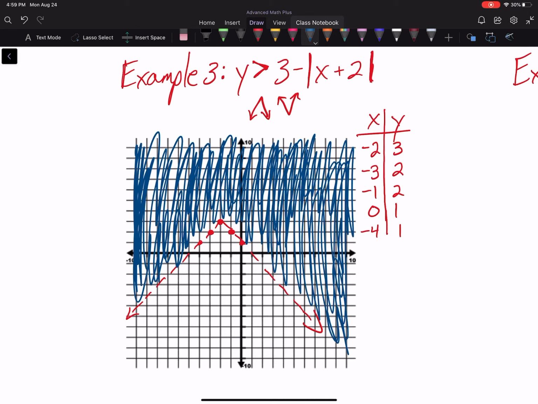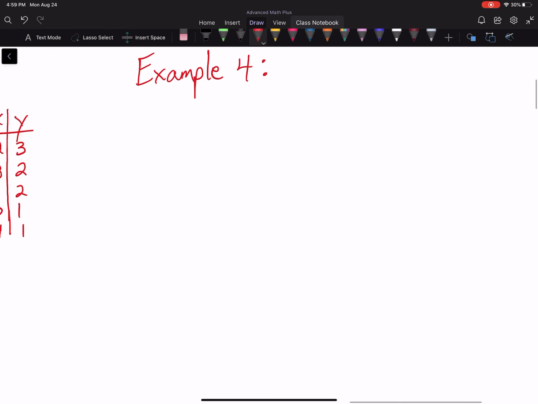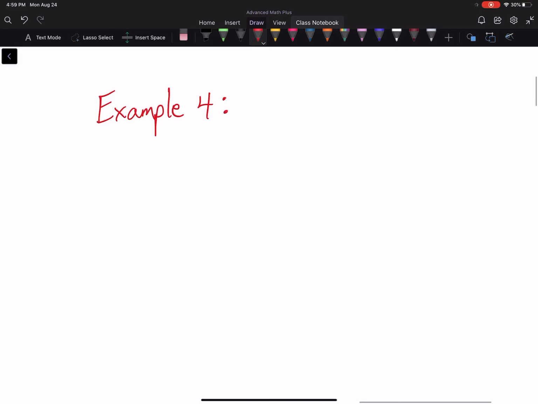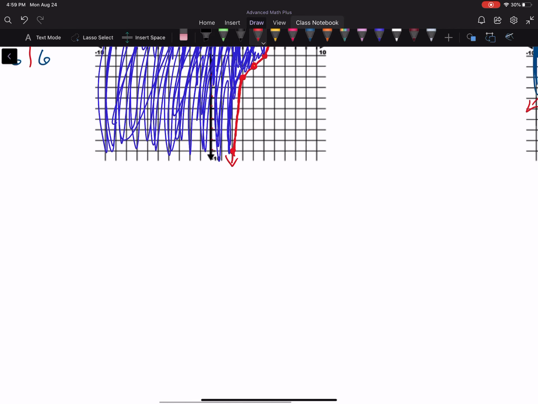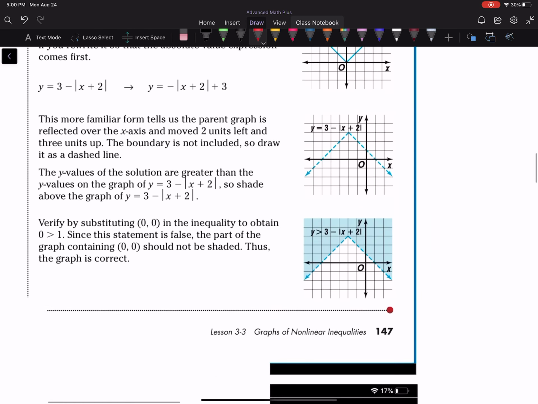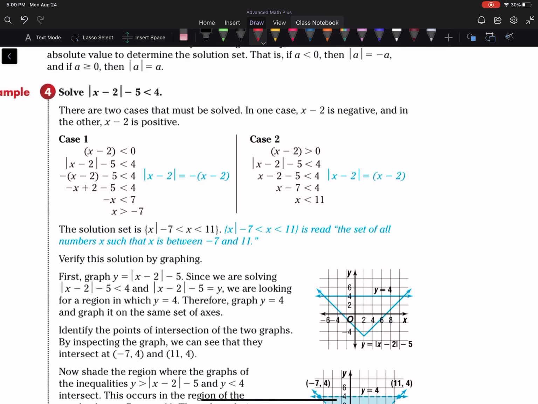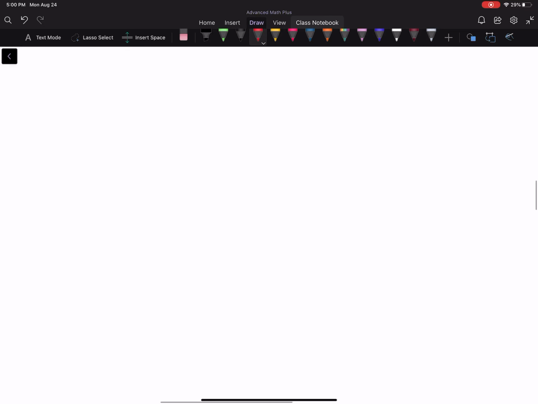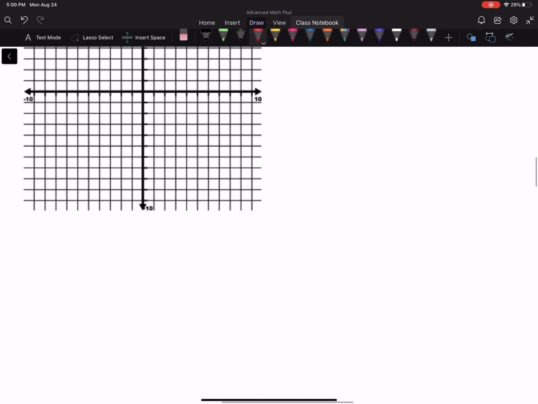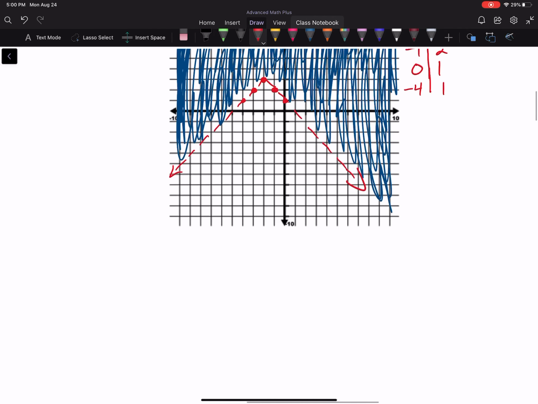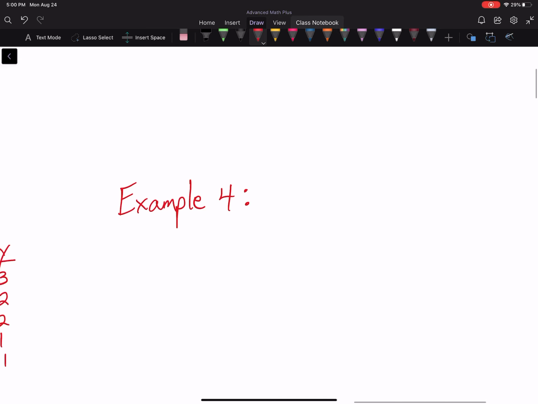All right. For our fourth and final example, I forgot to write it. So let's see what example 4 was. Example 4, absolute value of x minus 2 minus 5 is less than 4.